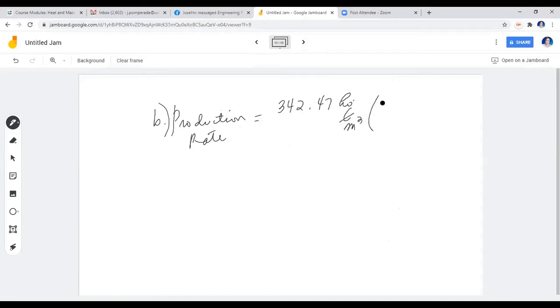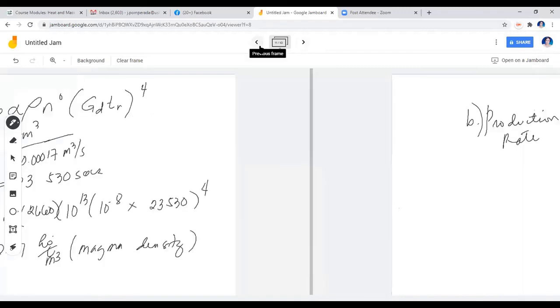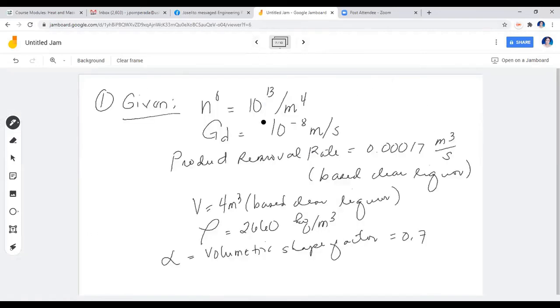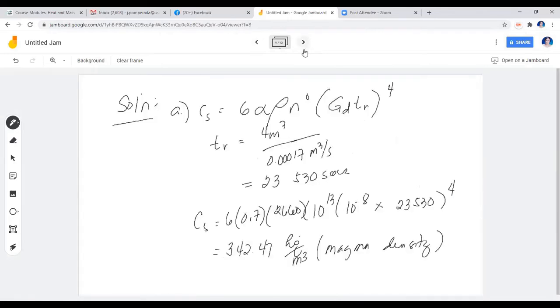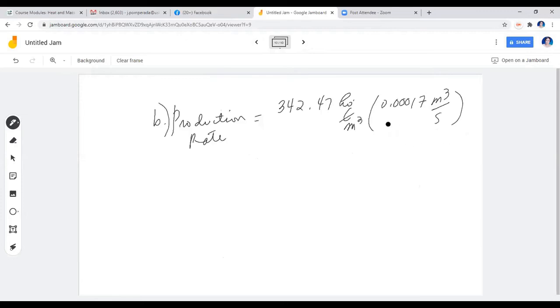We will multiply it with the production rate, cubic meter per second. Actually, it's defined here as the product removal rate. Your product removal rate is still your production rate. So in this case, you will have a production rate which is in mass per unit time.